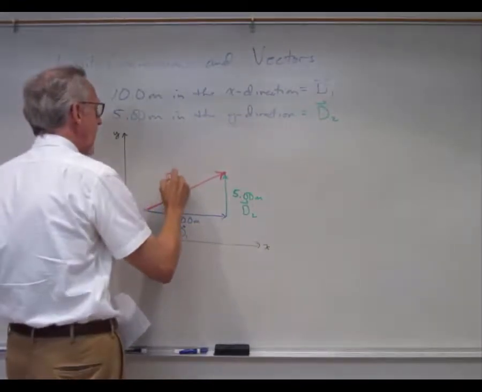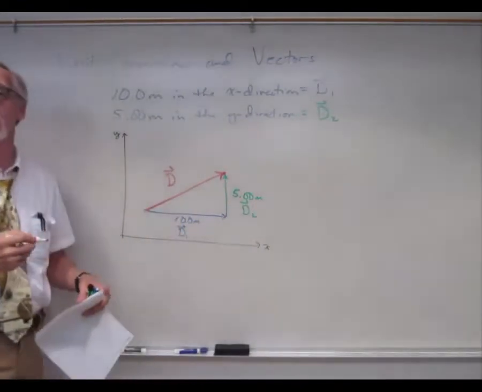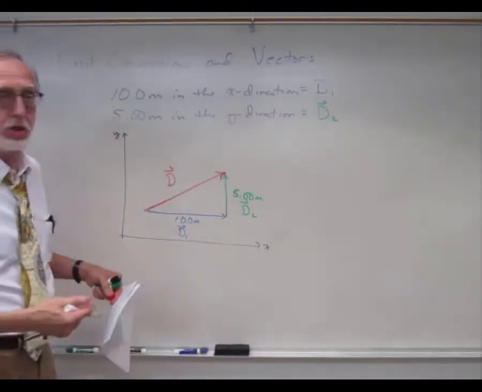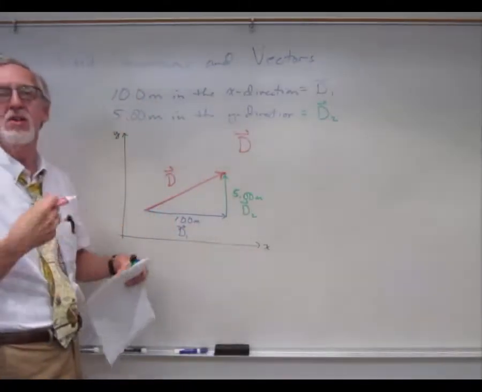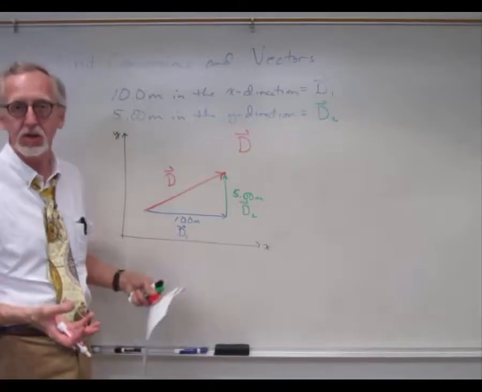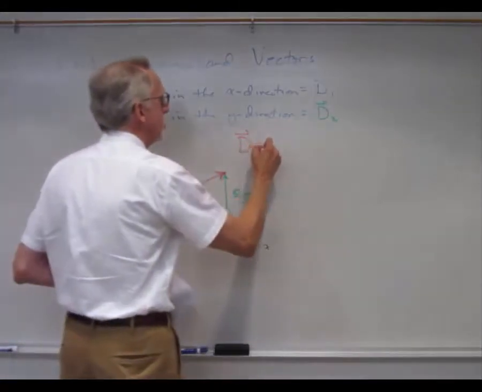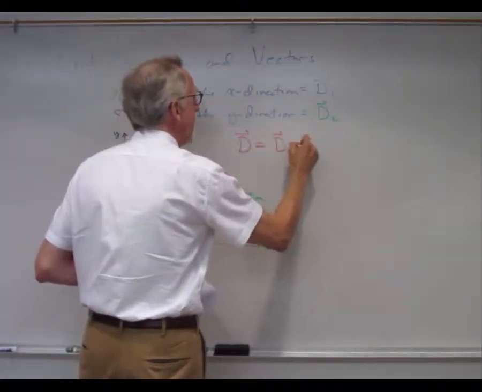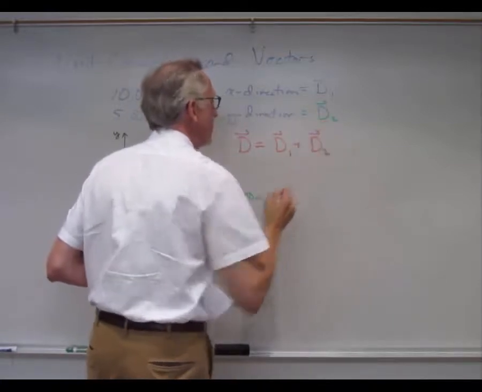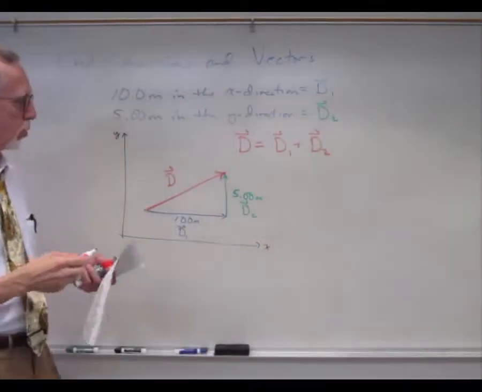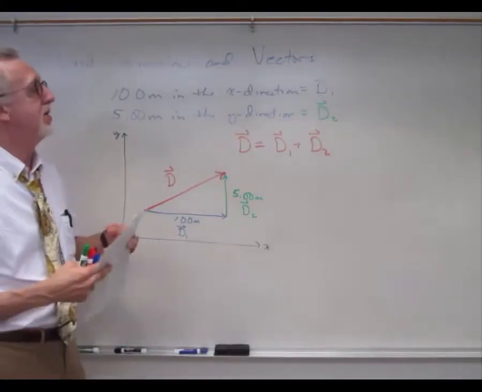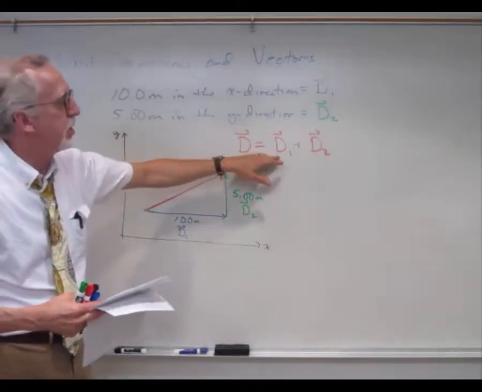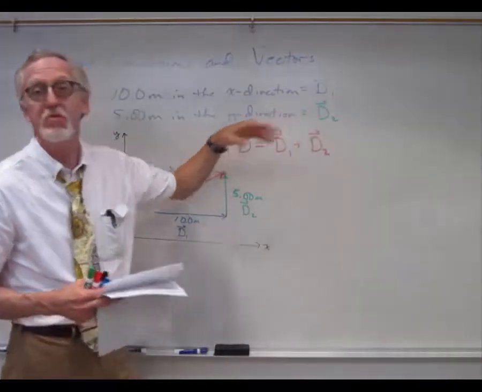We'll call that our total displacement d. And we're going to say that our net displacement, or total displacement, is equal to the sum of our two displacements, d1 and d2. So d vector is equal to d1 vector plus d2 vector.